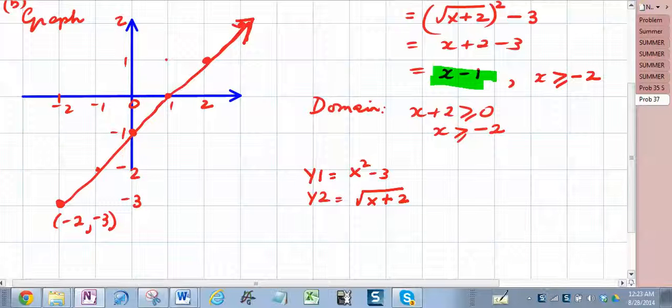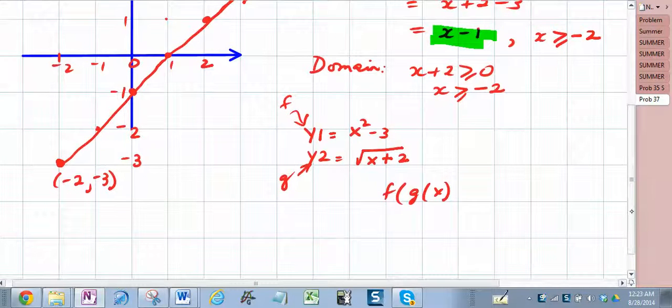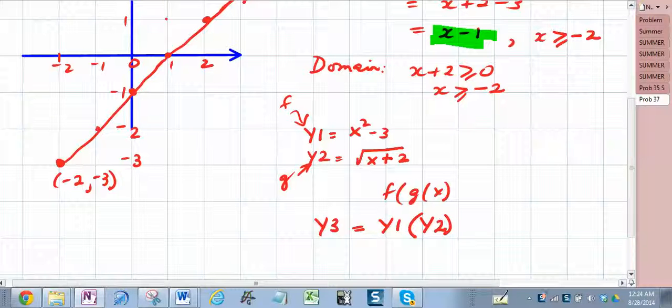This corresponded to f, there's g, and you wanted f on g of x. So what you did in your graphing calculator, you did y3 was going to be y1 on y2, and then it graphed the function for you.